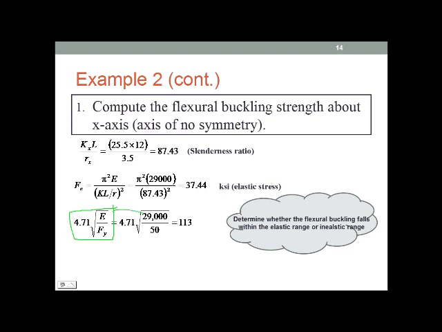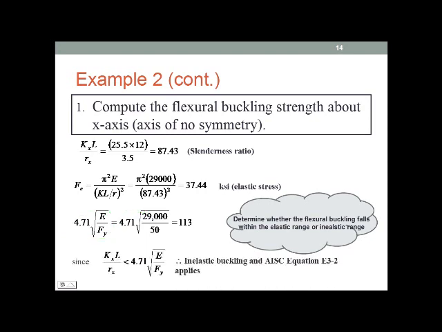E is the modulus of elasticity of steel, and Fy is the yield stress of steel. Since we are dealing with A992 steel, then Fy should be taken as 50 ksi. Modulus of elasticity of steel does not change and is equal to 29,000 ksi.